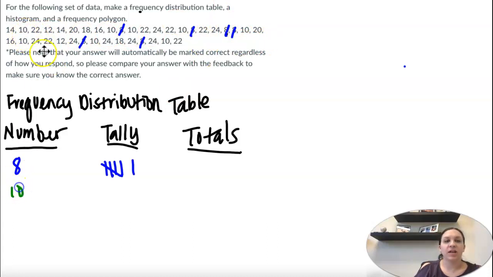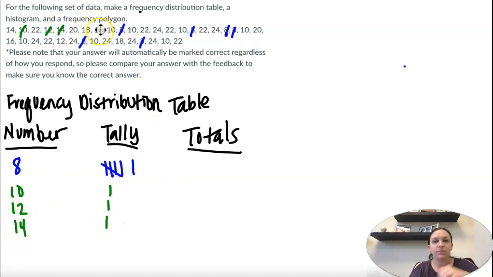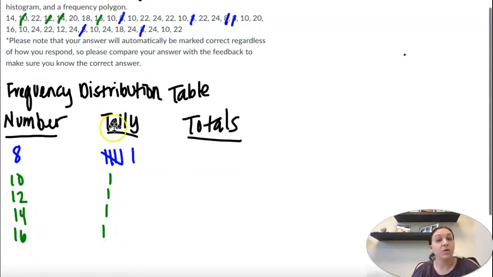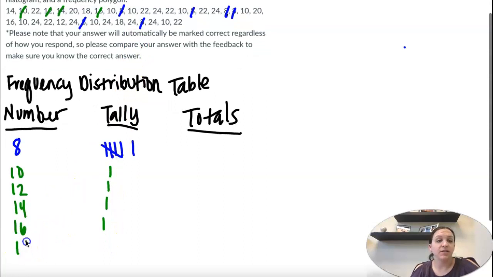So now I have a 10, I have a 12, I'm probably going to skip some of these, 14, 16, looks like we're going in 2s, that's good, 18, okay, so let's just go through.